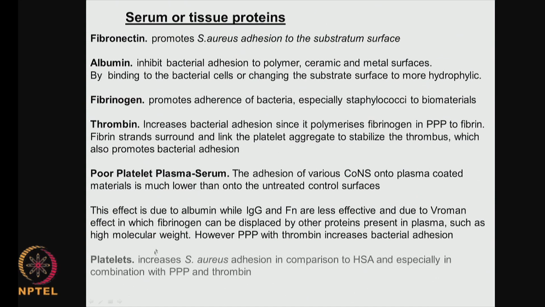Platelets increase Staphylococcus adhesion in comparison to human serum albumin, especially in combination with PPP and thrombin. So, platelets also increase Staphylococcus adhesion. As I said, generally PPP serum and albumin inhibit, whereas all other proteins in the serum enhance bacterial adhesion in different ways.